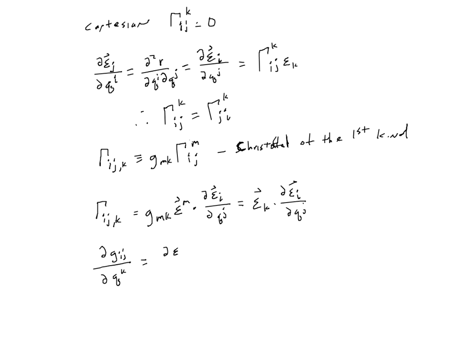So it's like I have partial epsilon i with respect to qk dotted with epsilon j plus epsilon i times partial epsilon j with respect to qk.